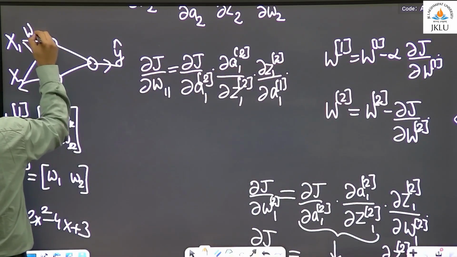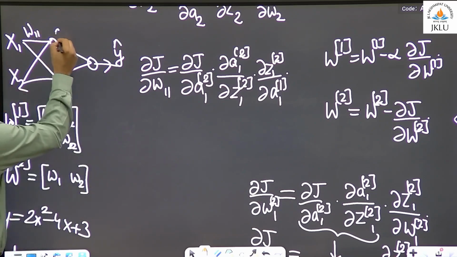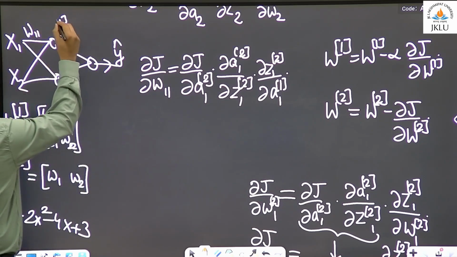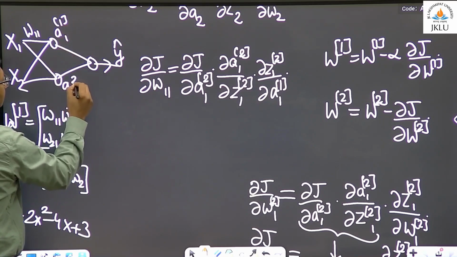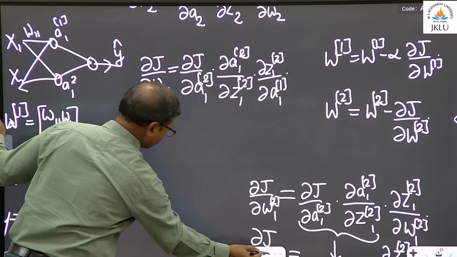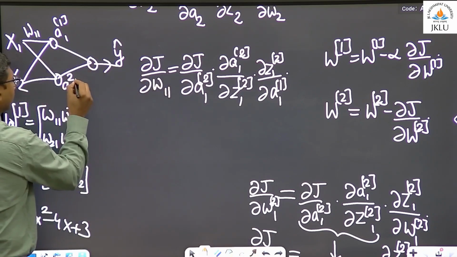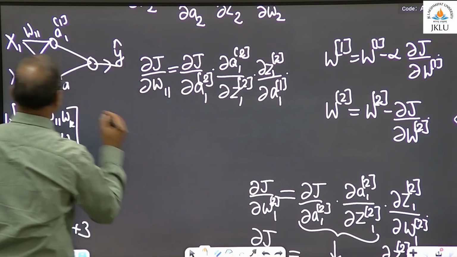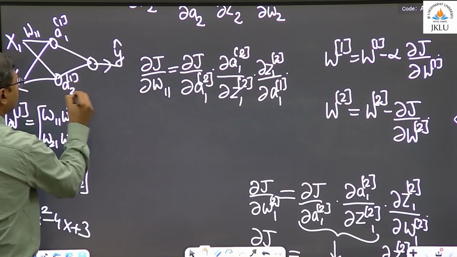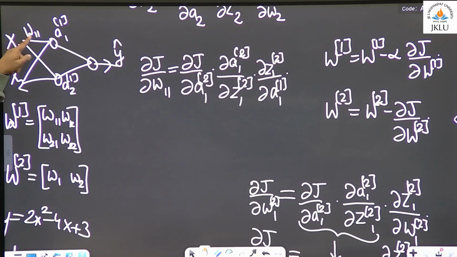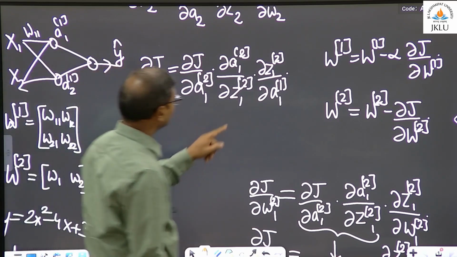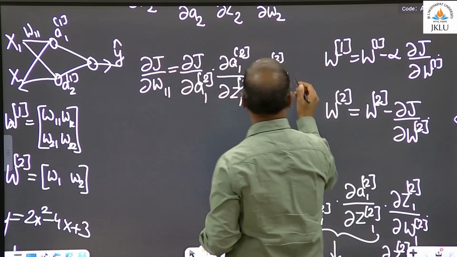See, this is W11. This is A1, 1. This is A1. W11 is here. It's not a function of the others; W11 is contributing to the computation of A11. Okay. So, A11 is fine. Now, what happens?